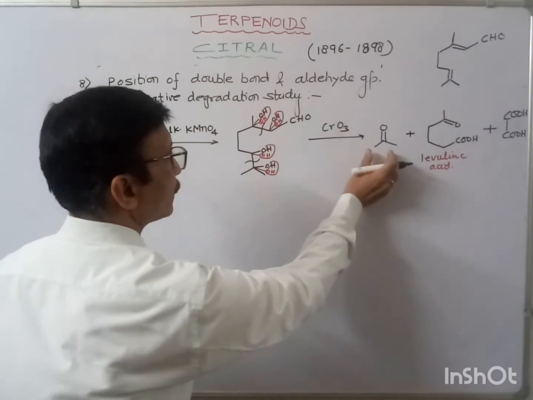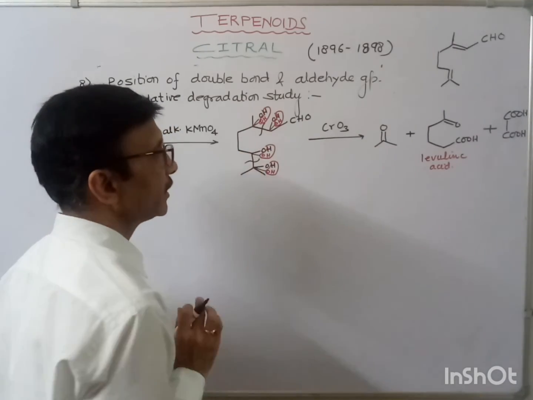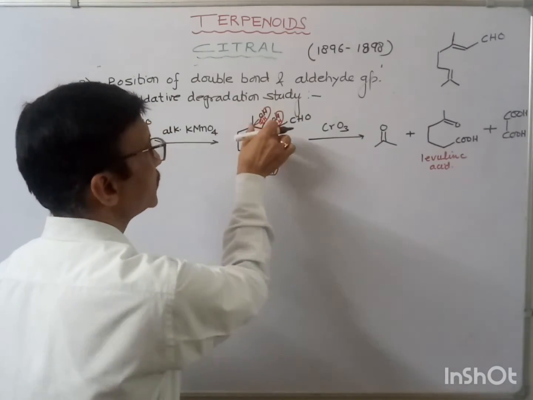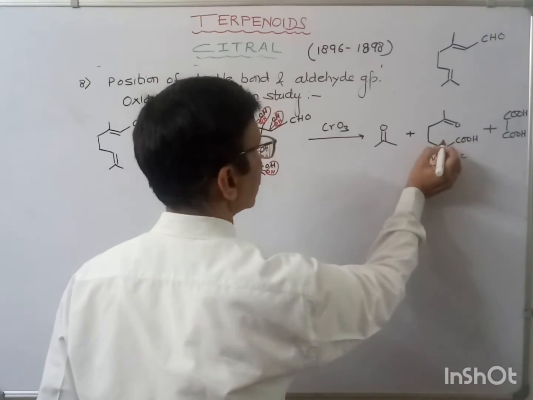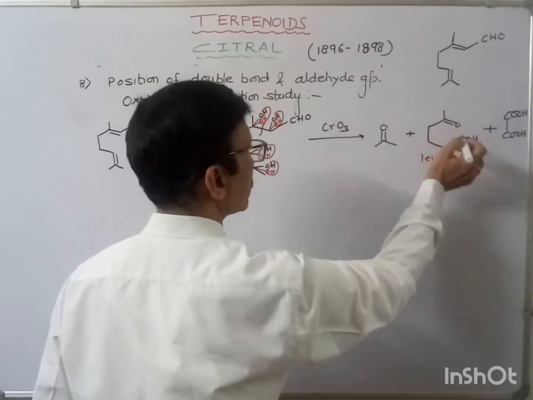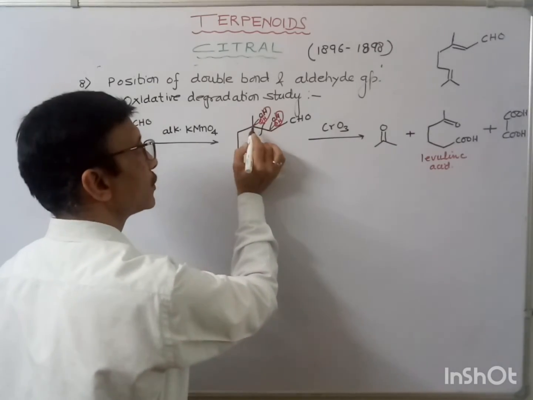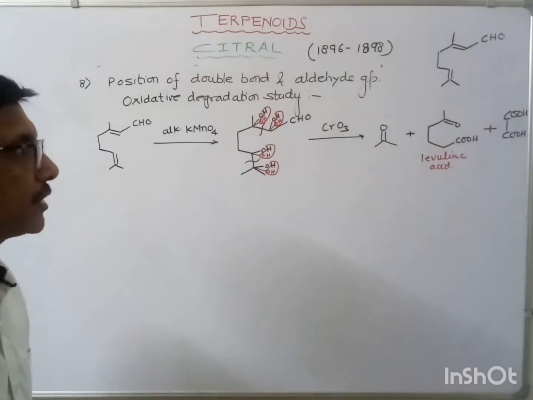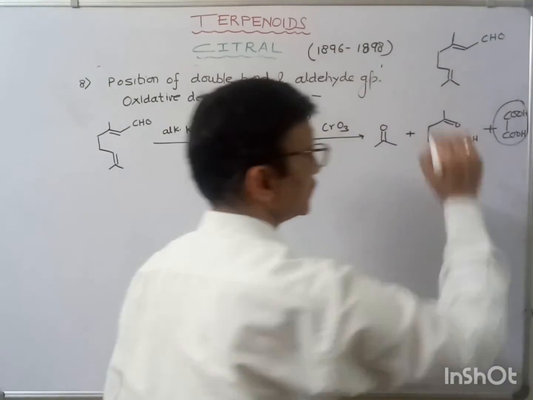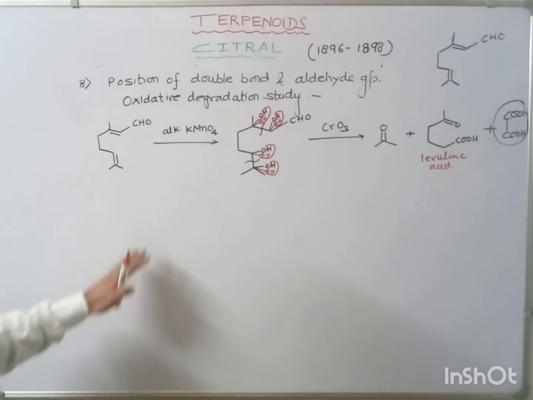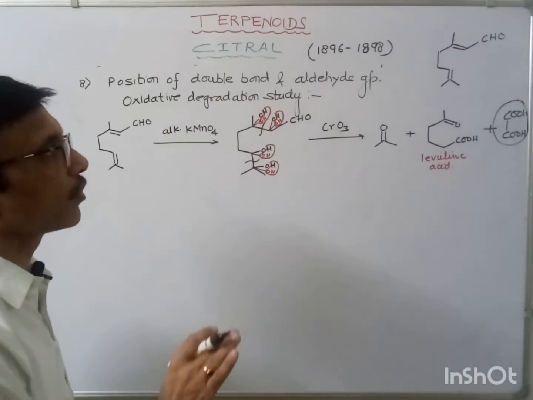It means one double bond is present over here and another double bond is present over here, so that we get this CHO, and here we get the keto group. The keto group and this CHO group are only obtained when one double bond is present over here and another double bond is present over here. Okay, so this is the oxidative degradation study, which proves the position of the double bond.